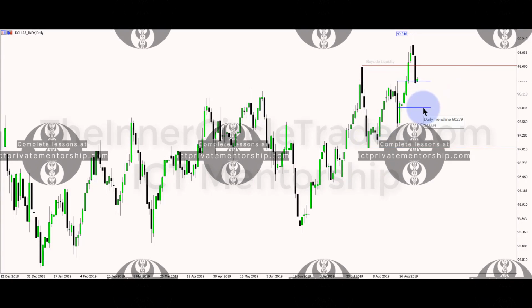Point of interest is here, 97.83, 97.85 in that area. If we trade down to that level, I don't think we're going to be bullish personally. I think it's going to go to that level and smash through it, attack the liquidity here, and eventually want to see these equal lows be taken. We have another area of relative equal lows here for another sell side liquidity pool.